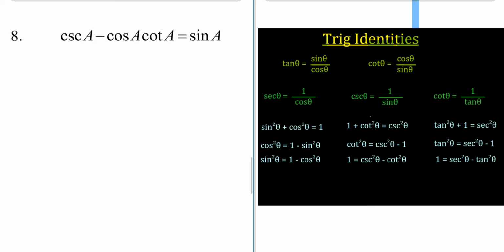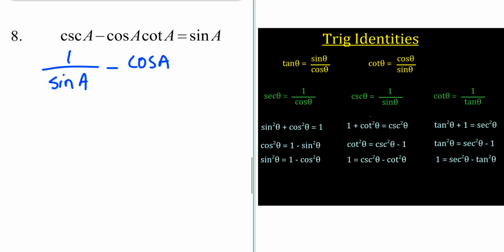So what I need to do is use the green and yellow stuff up above. So I'm going to change everything into just sine and cosine. Let's see if that helps at all. Cosecant A, I can write as 1 over sine A. Well, cosine A is just cosine A, so I'm going to leave that.